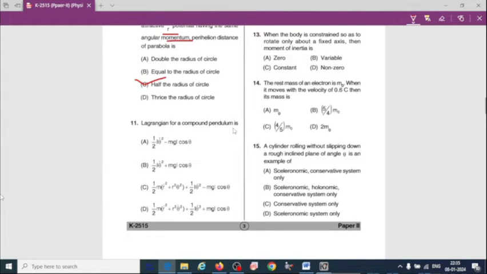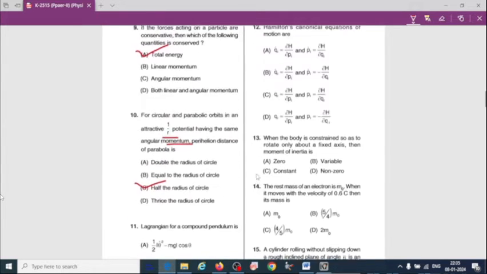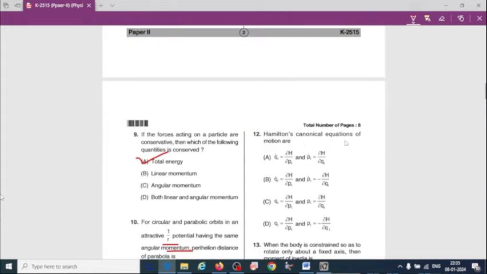Lagrangian for a compound pendulum is, so this is the derived equation, option B, 1/2 I theta dot square plus mgl cos theta. Hamiltonian canonical equations of motion are, option B, q_i dot is equal to dou H by dou p_i and p_i dot is equal to minus dou H by dou q_i.